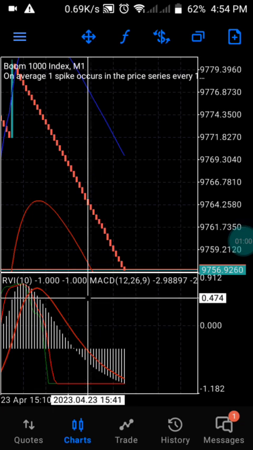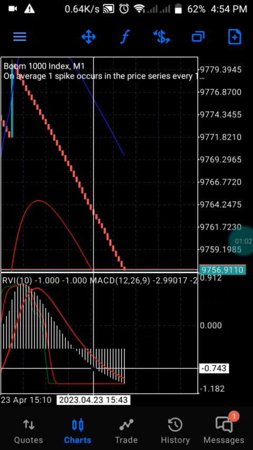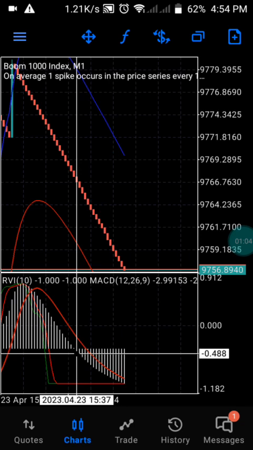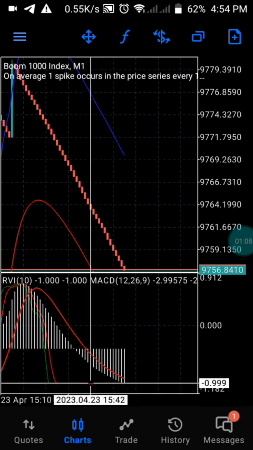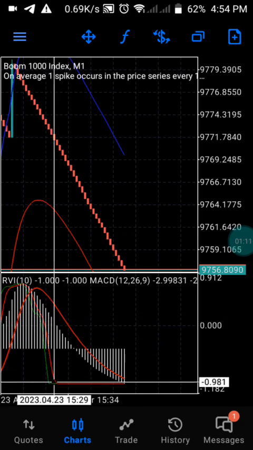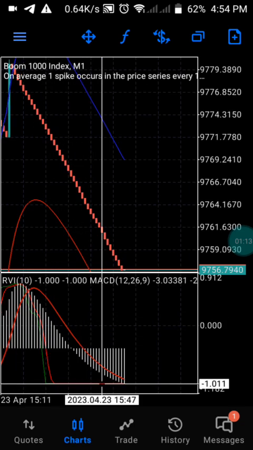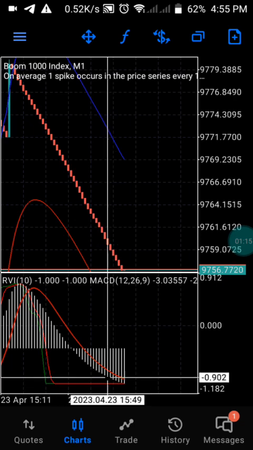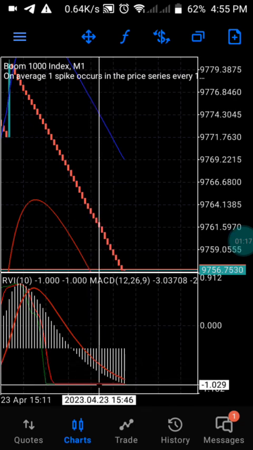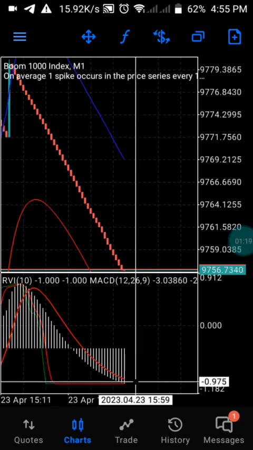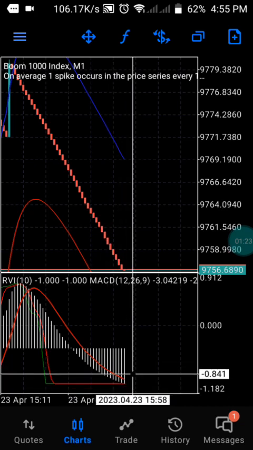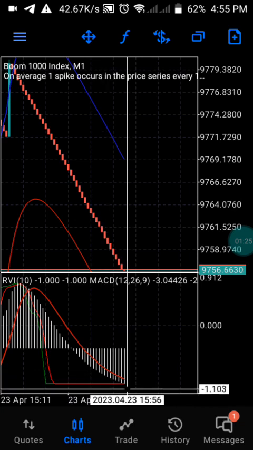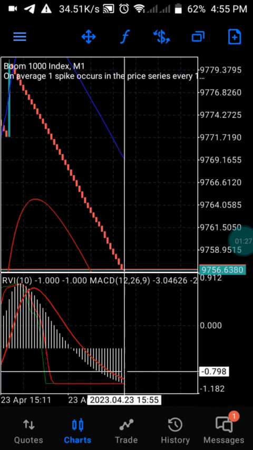So anytime your histograph is moving on a downtrend towards this particular level, towards this particular line here, they join together to this particular level, and the histograph is coming down to close up this particular graph. Guys, we are expecting a spike from this particular level.